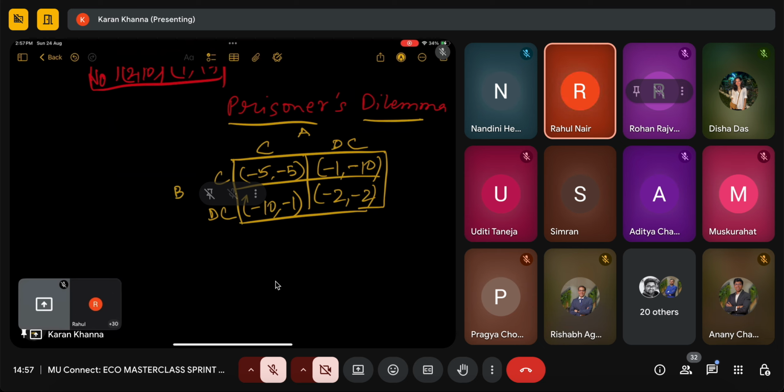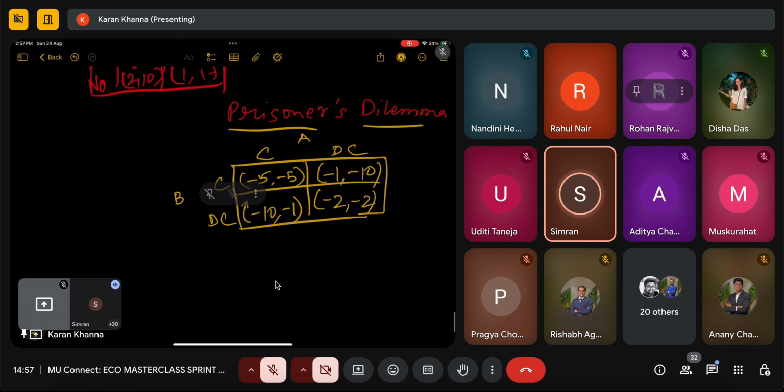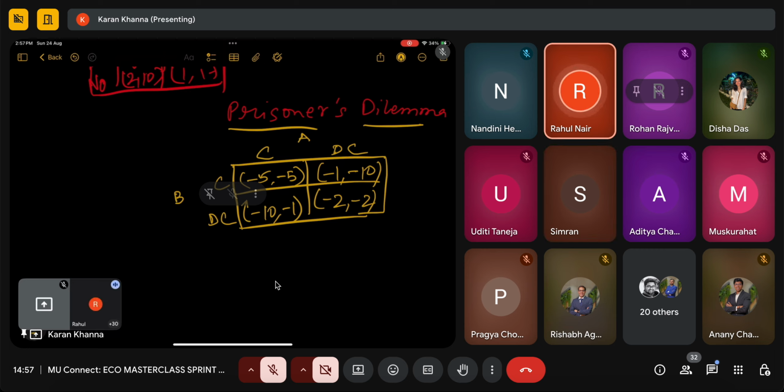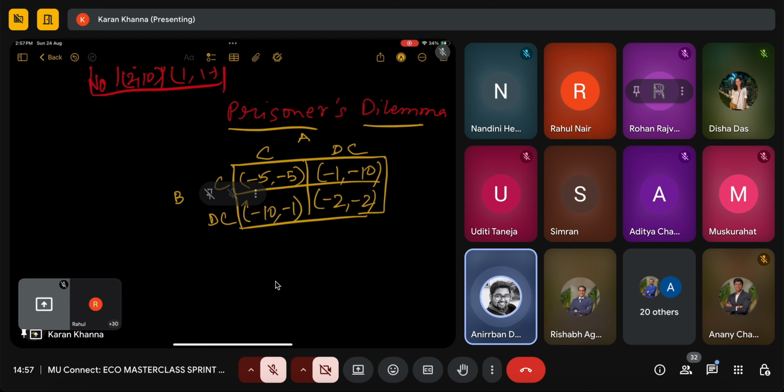Make sense? So B is vertical, first, and A is horizontal, second. Okay. Yeah.